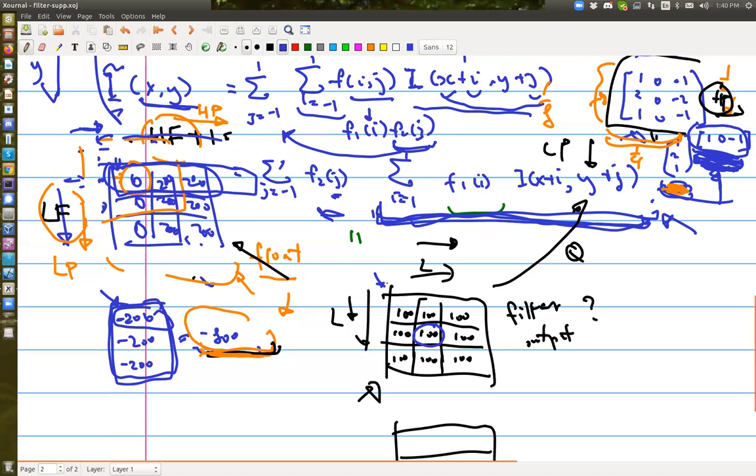Yes, it depends on how you are going to handle the boundary conditions. But I don't want to get into the boundary condition, because if you think of the image as very big, then the boundary condition is not that important. I see.